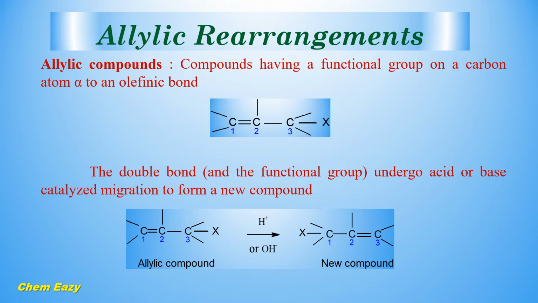For example, an allylic compound containing an olefinic bond between carbon 1 and 2 and the alpha carbon atom, carbon 3, having a functional group X, undergoes acid or base catalyzed migration, that is allylic rearrangement, and after rearrangement it produces a new rearranged product which consists of an olefinic bond between carbon 2 and 3 and group X on carbon 1. In this case, both the double bond and the functional group rearranged and produce a new rearranged product.